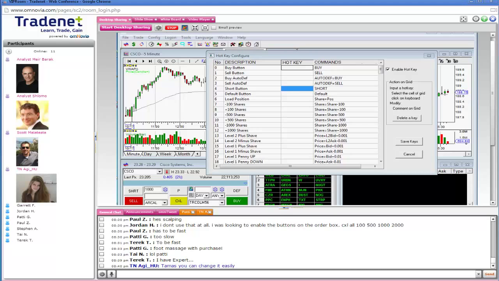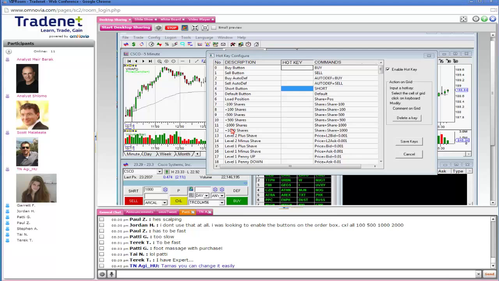Most hotkey commands are actually self-explanatory, and here's some clarification. So, for example, all plus commands, you can see here plus 500 shares, plus 1,000 shares, all of the plus signs are actually saying that you are going to add 1 cent to the best level 2 bid.